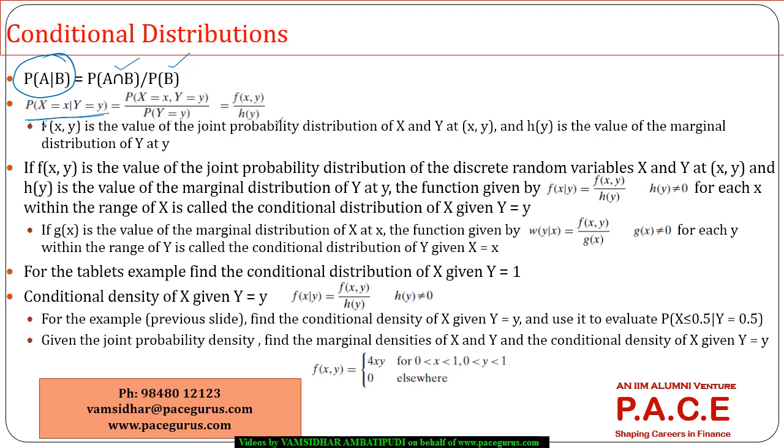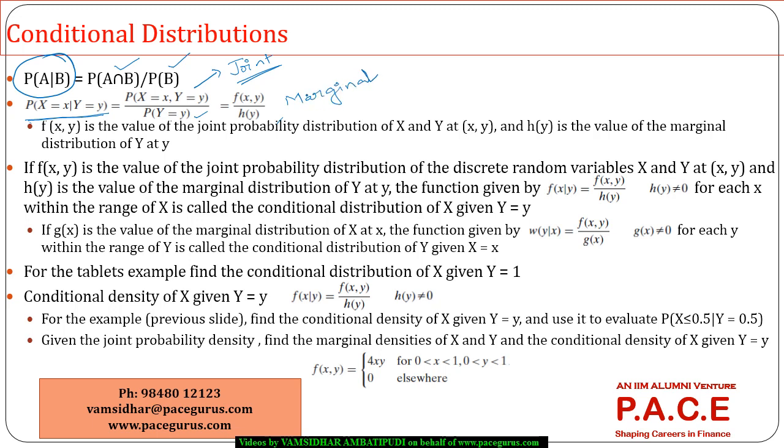Probability of x equal to x given y equal to y is the probability of x equal to x comma y equal to y, which is the joint distribution associated with x and y, divided by the probability of y equal to y, which is the marginal distribution associated with y.